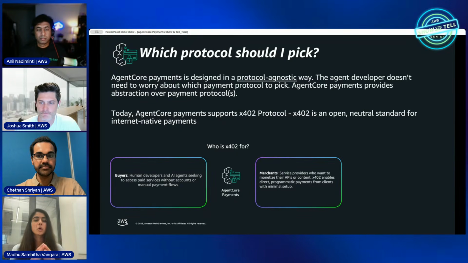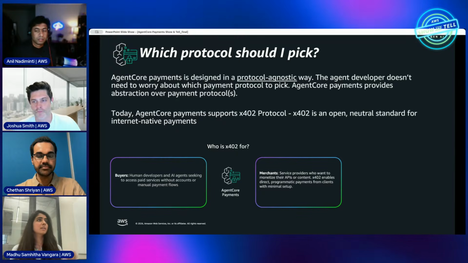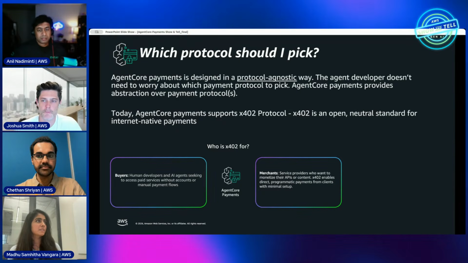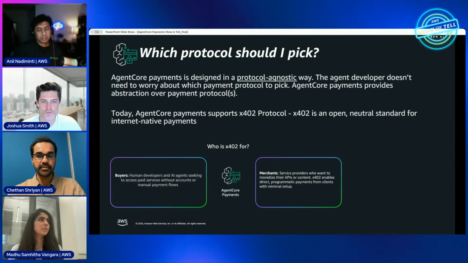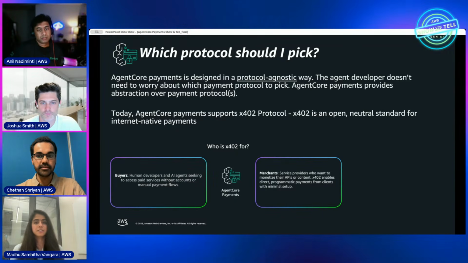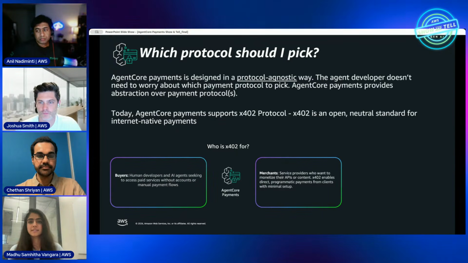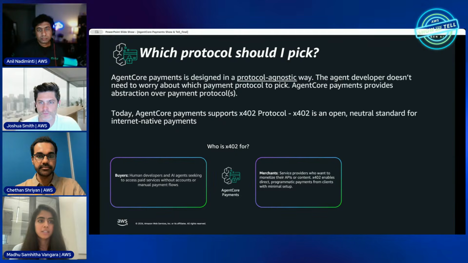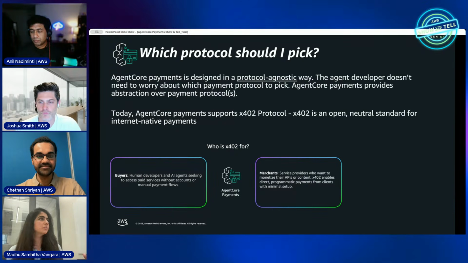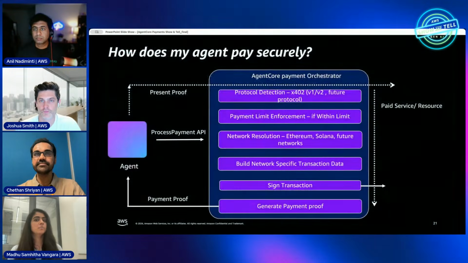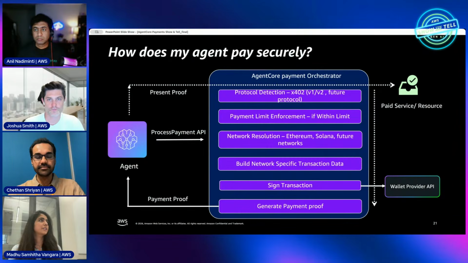This unlocks a whole new realm of agentic workloads where your agents are able to autonomously make payments, which connects these buyers and merchants together with AgentCore Payments right in the center for agents to access these paid endpoints. And how do we do that? With the help of a payment orchestrator engine.